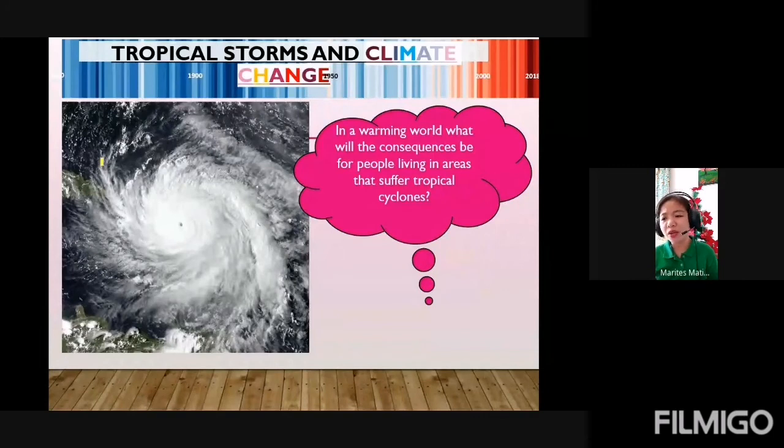So kaya, in a warming world, alam naman natin na our Earth right now is experiencing global warming, sabi nila. So what will be the consequences of this? Lalo na sa mga tao who are living in areas who suffer tropical cyclones. Kasi may area talaga na hindi nakakasuffer ng bagyo, di ba? Paano sa mga nakakasuffer nito?